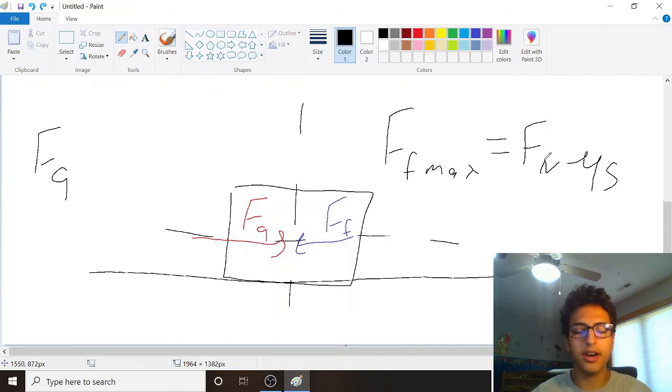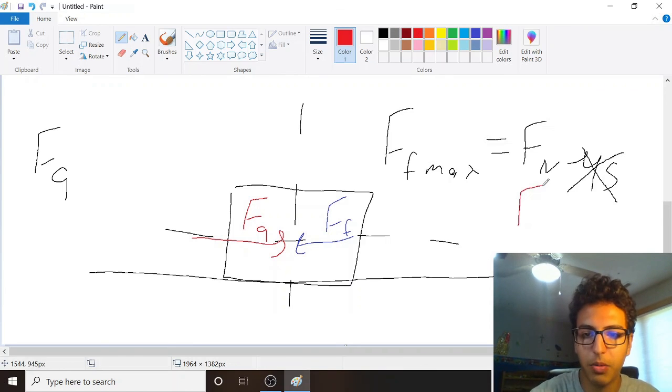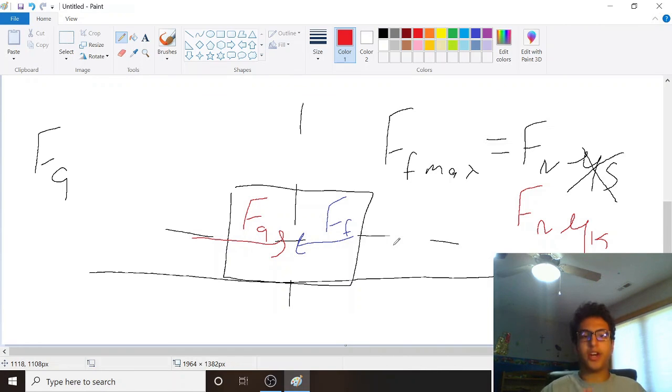And once it gets there, it's overcome, and suddenly this doesn't apply anymore. Because now suddenly the force resisting it has become the normal force times the coefficient of kinetic friction. Why? Because it's already moving. It's not stationary anymore. So once you overcome the initial threshold of the static friction, you get into kinetic friction, which has a lesser magnitude.